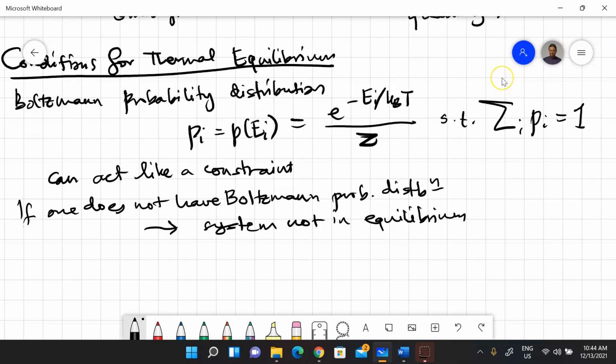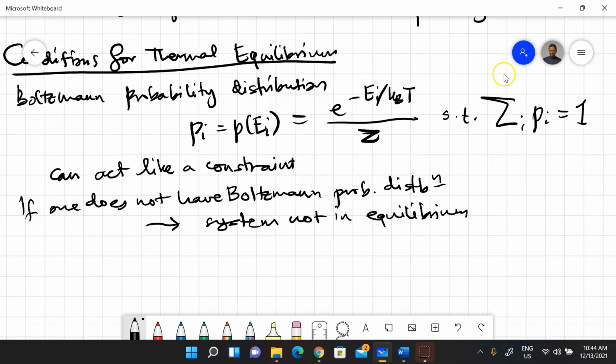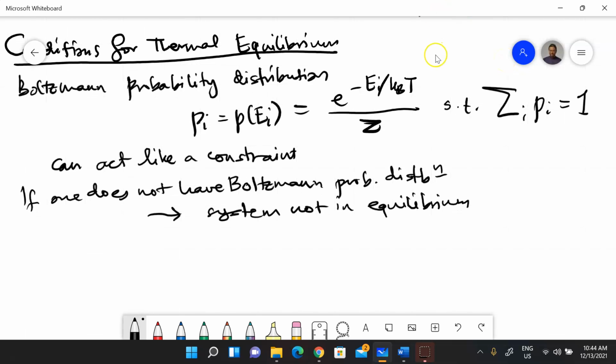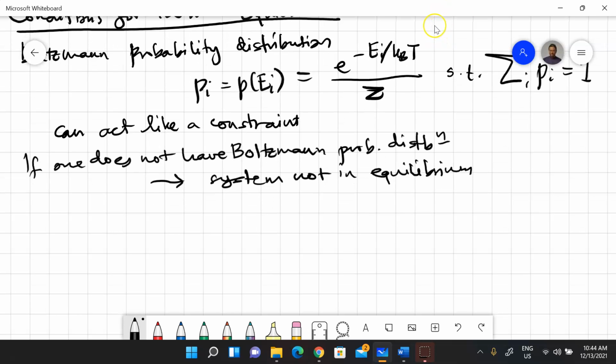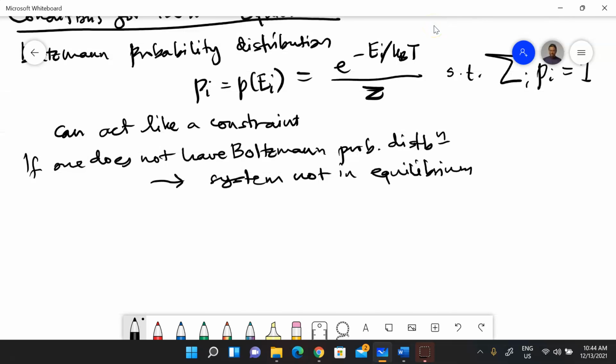Let's now make this a little bit more quantitative in some sense. How do you actually see when things are in equilibrium or not? So let's consider the case of a system with energy eigenstates.